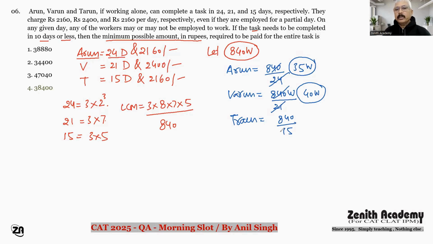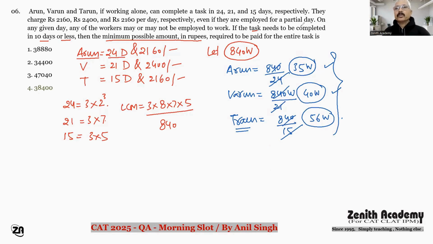So 5 3 15 means 56 work daily. It means daily Arun finishes 35 work, Varun can finish 40 work, and Tarun 56. So this way we can decide that Tarun is the most efficient among them.